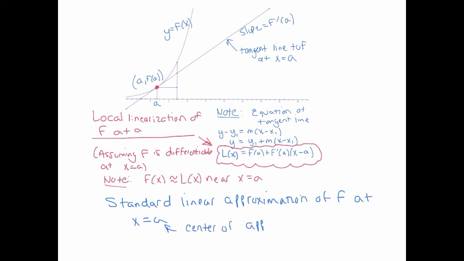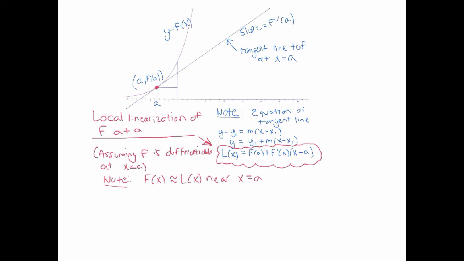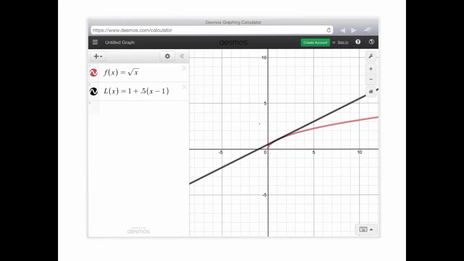This word approximation is used because, again, the linearization or tangent line can be used to approximate the function for values really close to a. So on the next slide, let me give you a particular example so you can see how good of a job the linearization does at approximating a curve near the center of approximation.